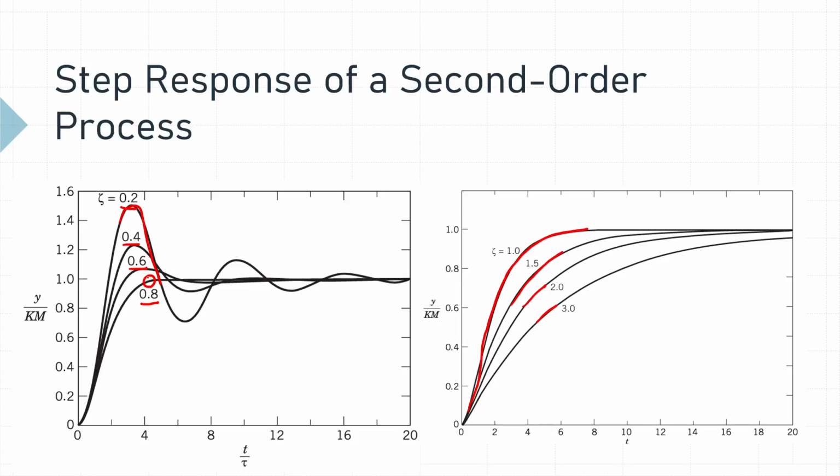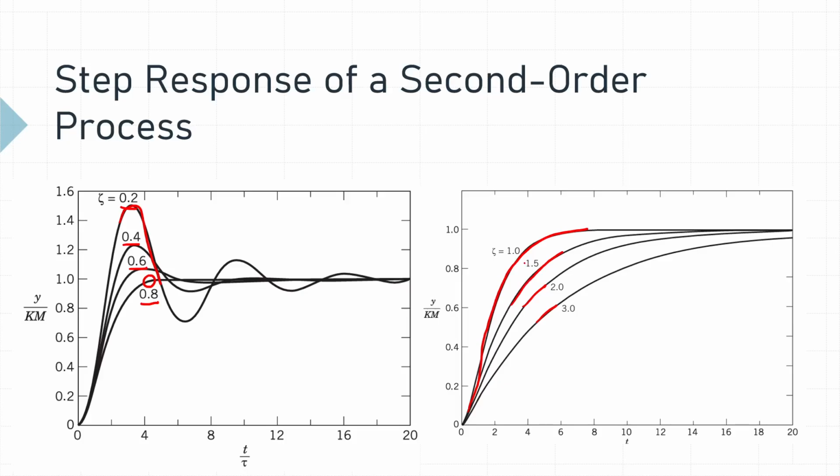Values of zeta in the range of 0.4 to 0.8 may be chosen, theoretically speaking, because in this range the controlled variable y reaches the new operating point faster than with the critically damped one, or even with 1.5.